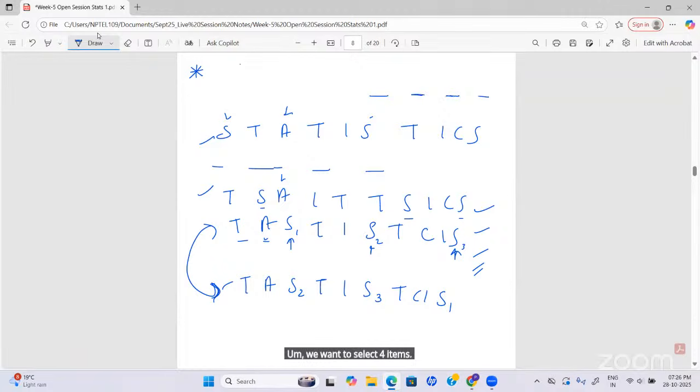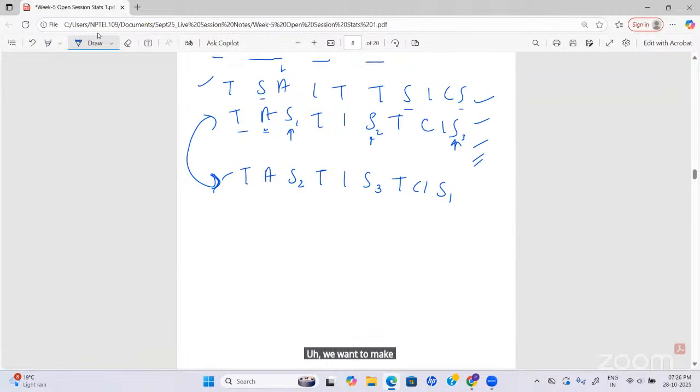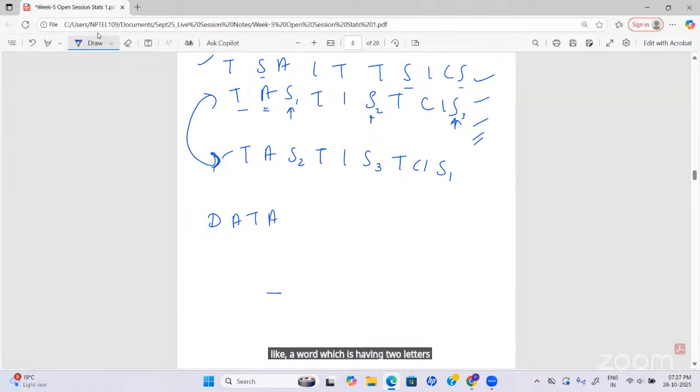You want to make a 4-letter word, right? Repetition is not allowed, but identical letters can be considered. So what I'm saying is, let's say consider the word DATA, and we want to make a word having 2 letters.